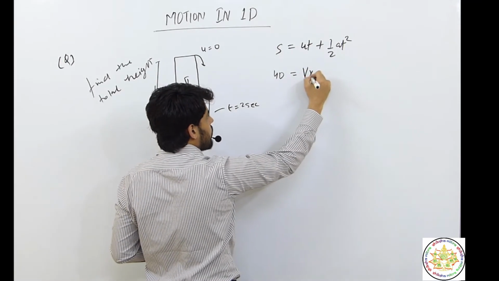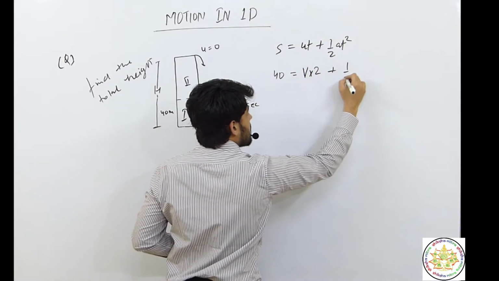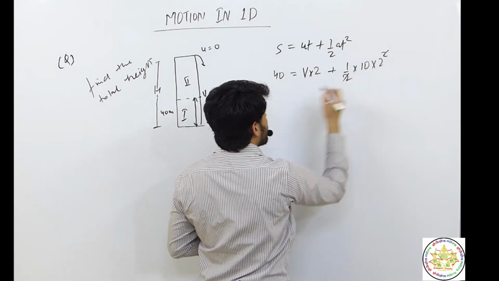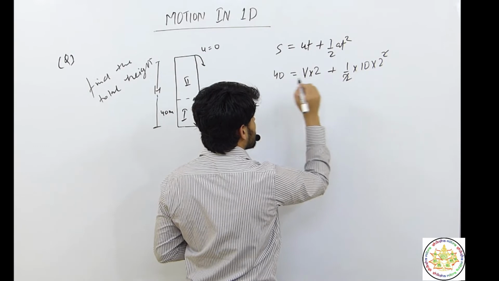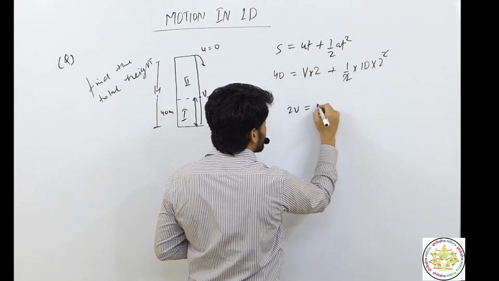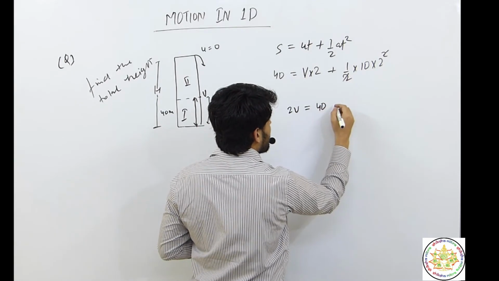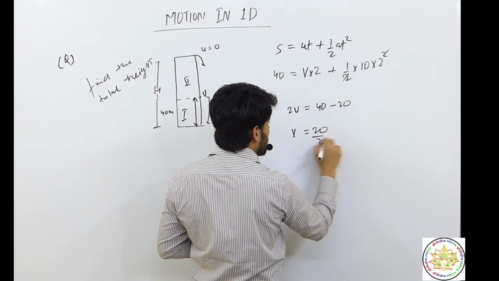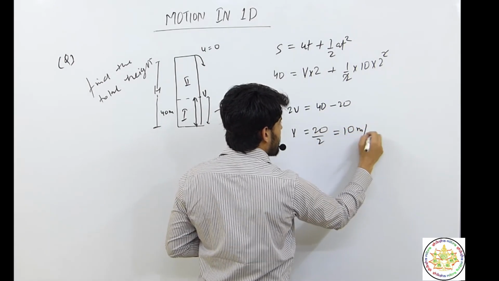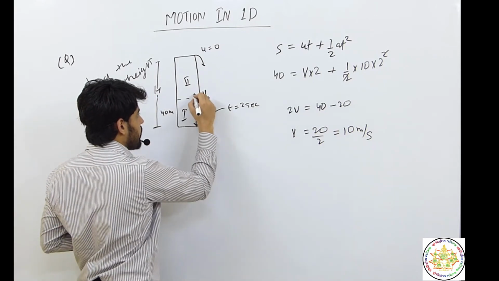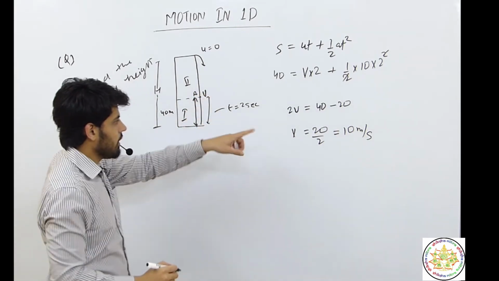So v into 2 plus half into a t square, the 2 cancels out. So 2v is equal to 40 minus 20, so v is equal to 20 by 2, that is 10 meter per second. So velocity at this point, at point A, will be 10 meter per second.